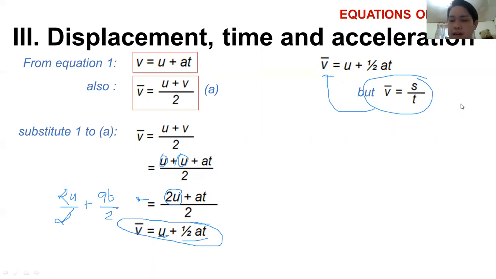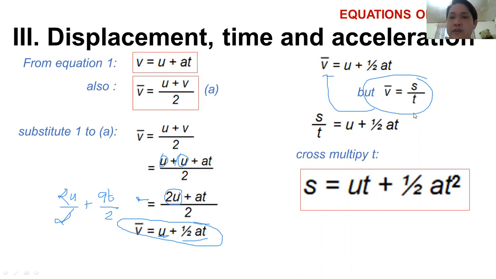We have S over T is equal to U plus 1/2 AT. After that, we will solve. We can cross multiply the T. After we cross multiply the T, you have S is equal to UT plus 1/2 AT squared.